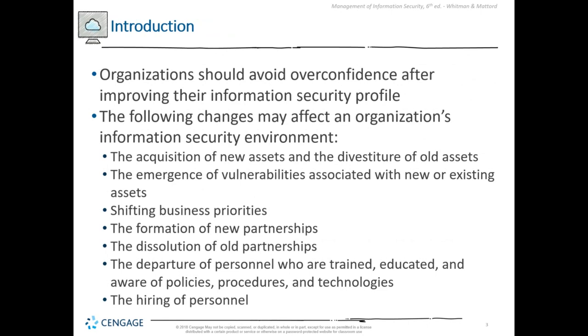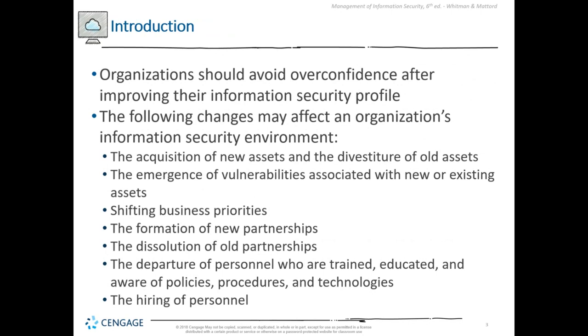Some of the reasons that may affect an organization's information security environment will be the acquisition of new assets and divesting of old assets, the emergence of vulnerabilities associated with new or existing assets, maybe shifting business priorities, formation of new partnerships, or the dissolving of old partnerships. You may have the departure of personnel who were trained, educated, and aware of policies, procedures, and technologies, and then the hiring of new personnel.